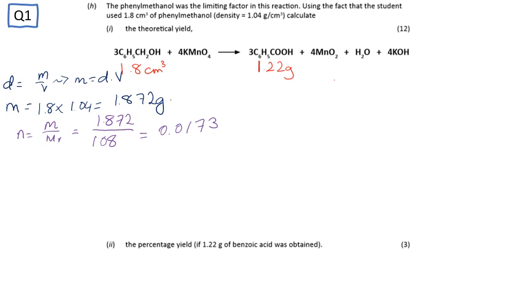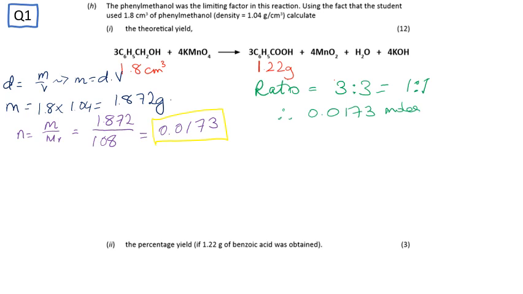So that's my number of moles of my phenyl methanol. The next step I can do then is my mole ratio to find out the number of moles of benzoic acid formed. And as we can see, the ratio is 3:3, which is 1:1. So therefore I have 0.0173 moles of benzoic acid as well.